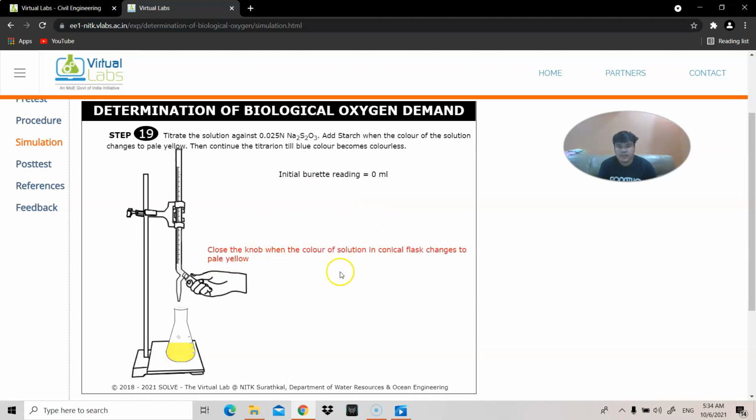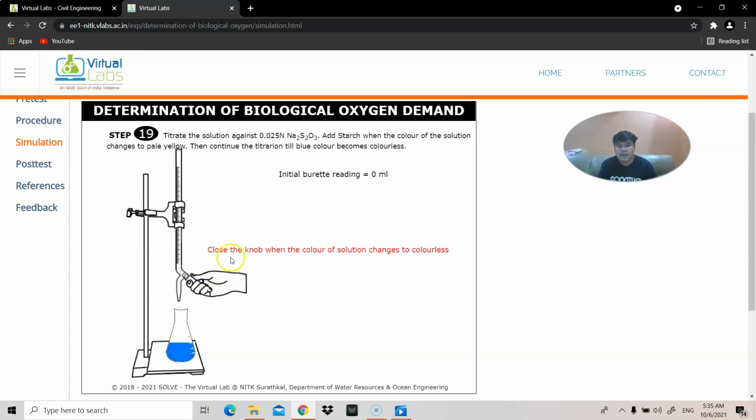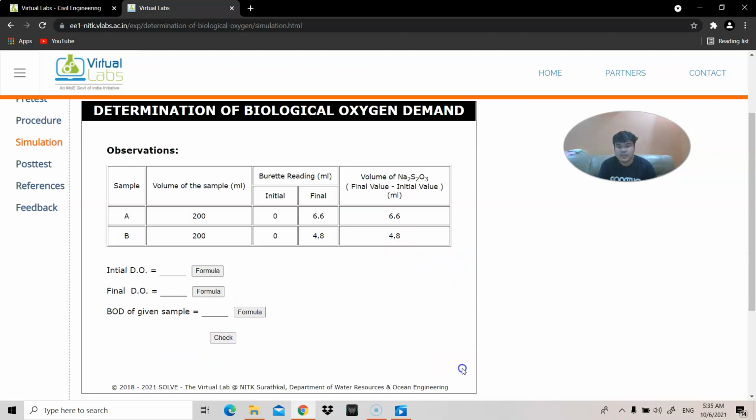Close the knob when it changes to pale yellow, and then add 1 ml starch into the conical flask. Close the knob when it changes to colorless.